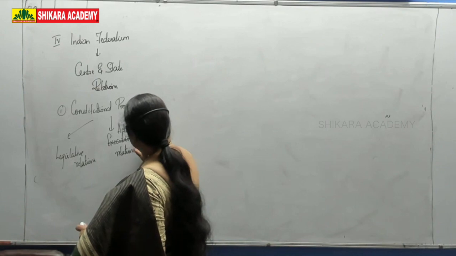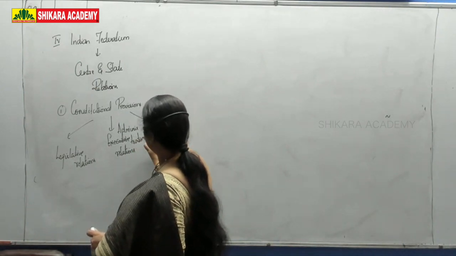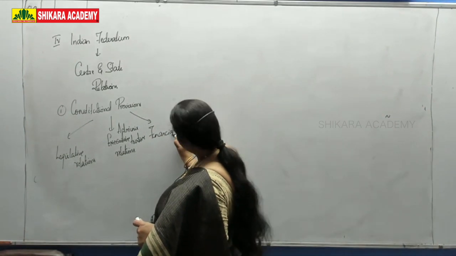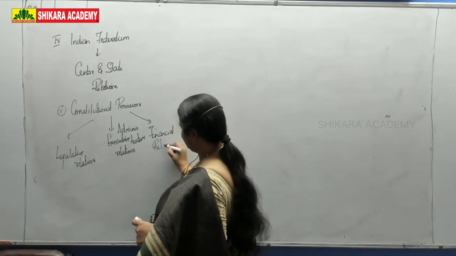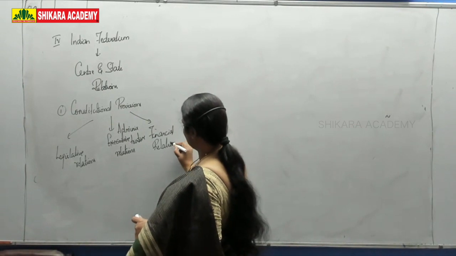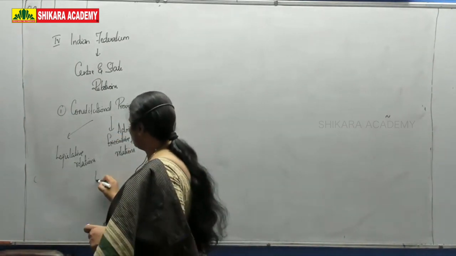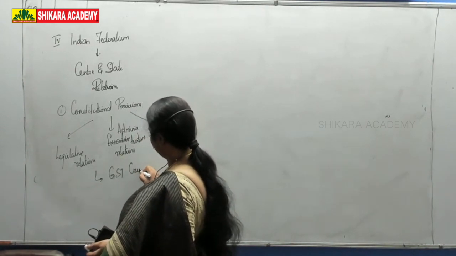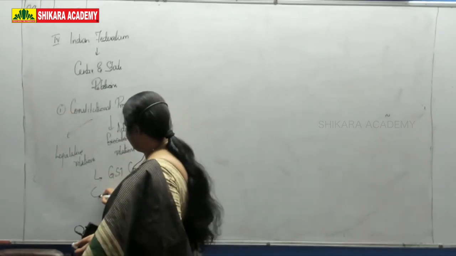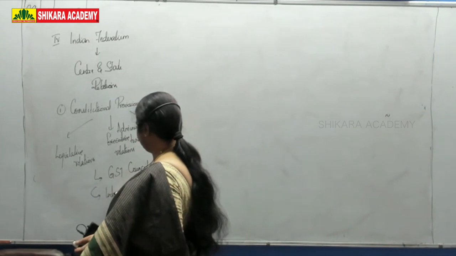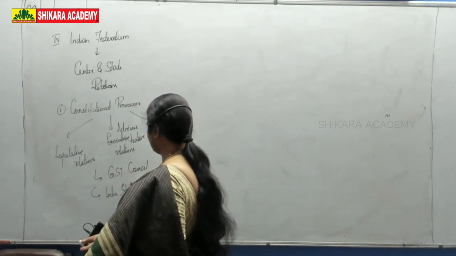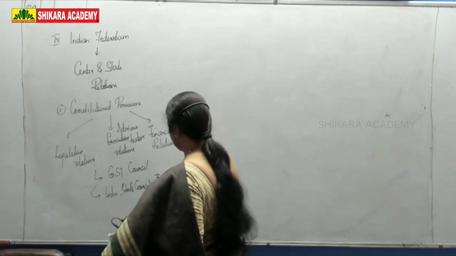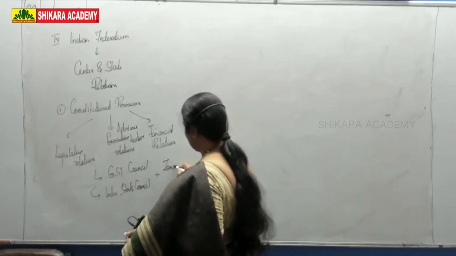The fourth is called financial relations. Within the constitution, you will also come across bodies like GST Council, Interstate Council. Along with this, I am going to complete other bodies that deal with center-state relations, like the zonal councils.